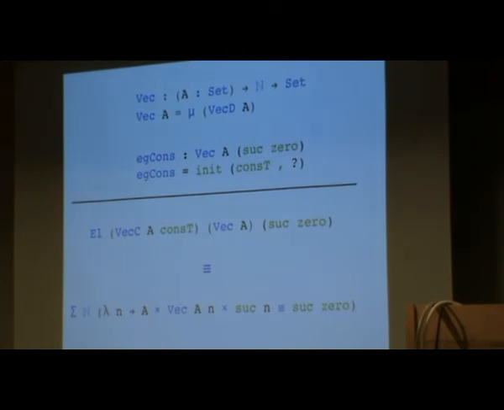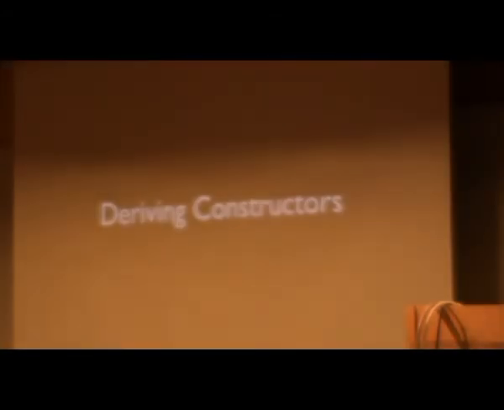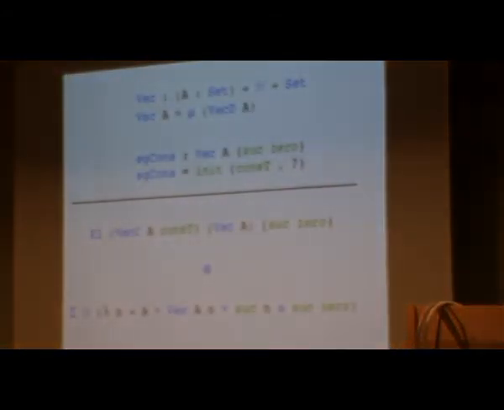So to get the actual vector type, we just take in a parameter and then apply the fixed point to the description by passing in the parameter A. And if we were interactively constructing a vector of length 1, then using the primitives, we would start with init, representing the initial algebra, the constructor for the fixed point, or the initial F-algebra specifically.